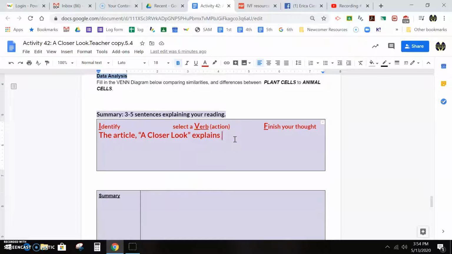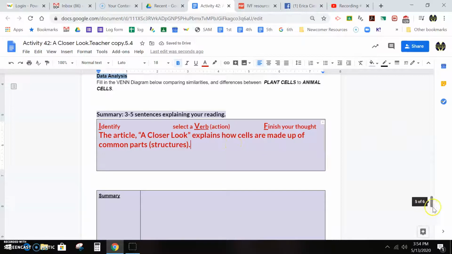I'm going to finish this topic sentence. The article, A Closer Look, explains how cells are made up of common parts or structures. Okay, so I just finished my topic sentence.